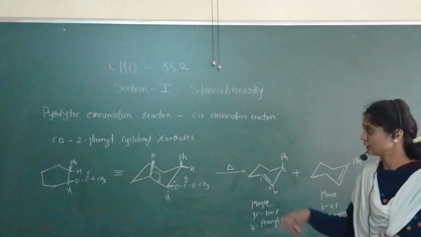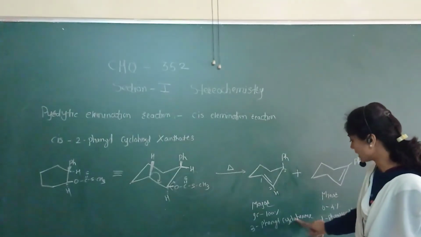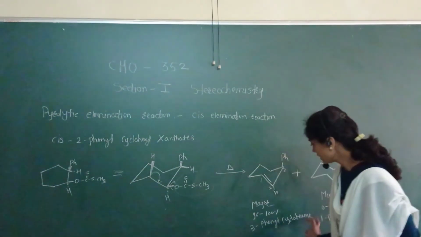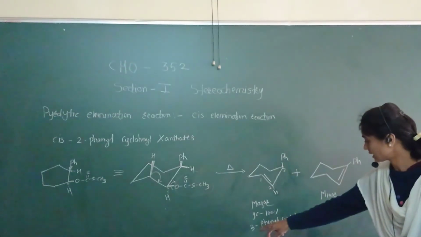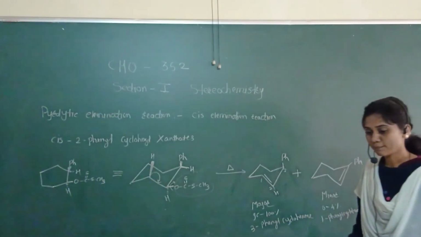In the cis-2-phenyl cyclohexyl xanthate, the major product is 3-phenyl cyclohexene. As we know the stereochemical requirements, we get this as the major product, that is 3-phenyl cyclohexene, and 1-phenyl cyclohexene as a minor product.